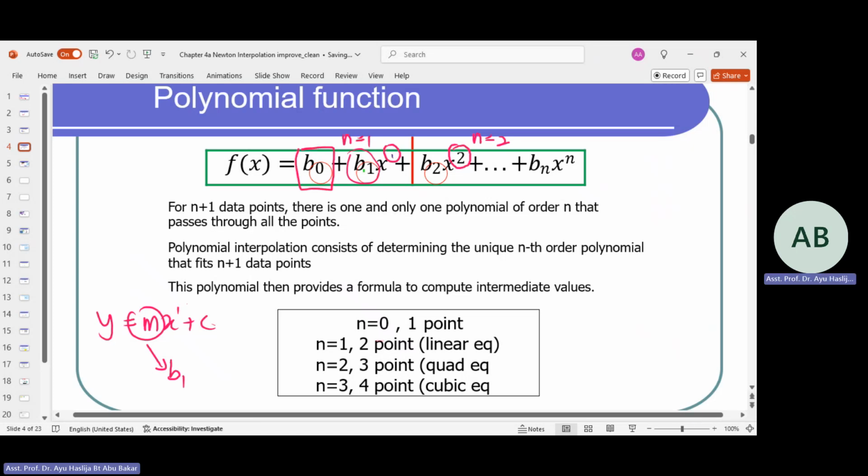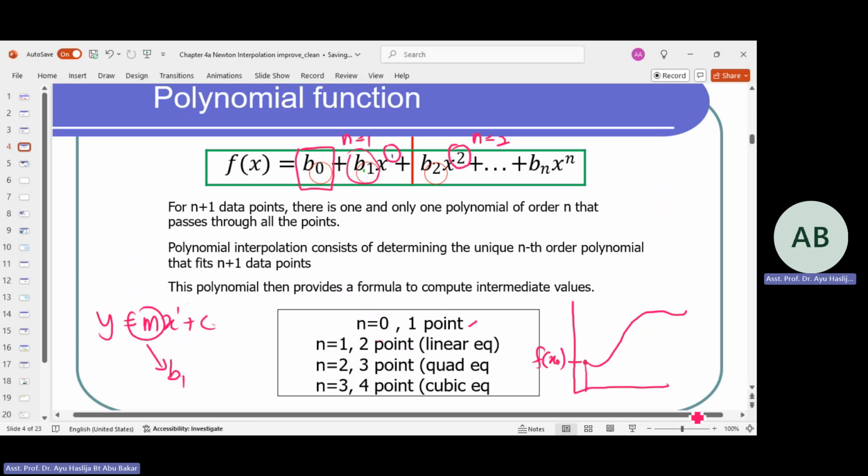It means you have only 1 point. Let's say you have a polynomial function. So n equals 0 is 1 point, which is the starting point. This equals f(x0), your starting point.